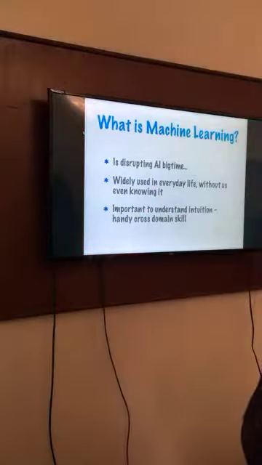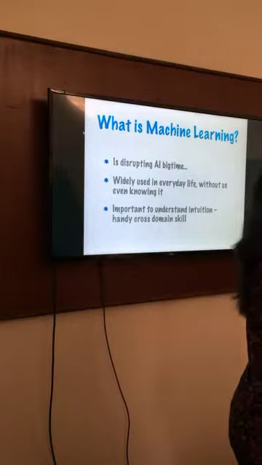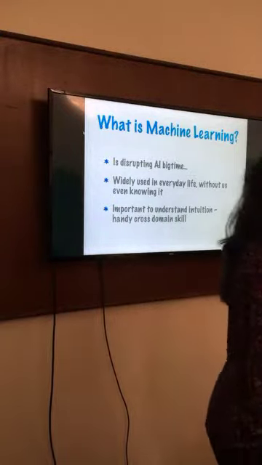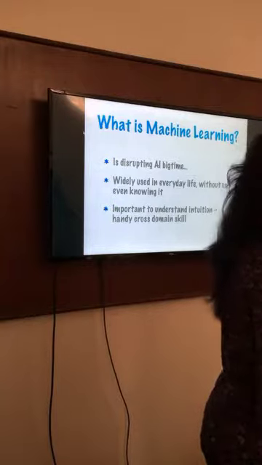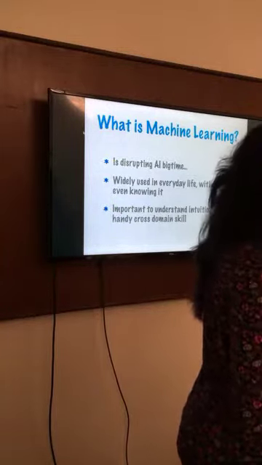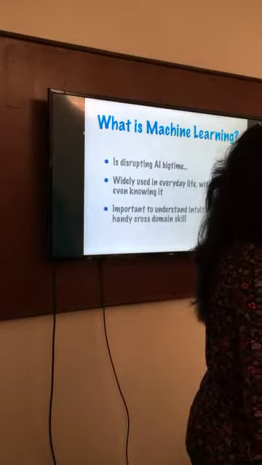AI is the bigger umbrella. AI is the biggest. ML is a subset of that. We enable different use cases. AI is a more generic term. AI generic uses a predefined algorithm, right? It doesn't learn from anything. So AI is a generic term that just gets thrown around easily. But ML is more specific.